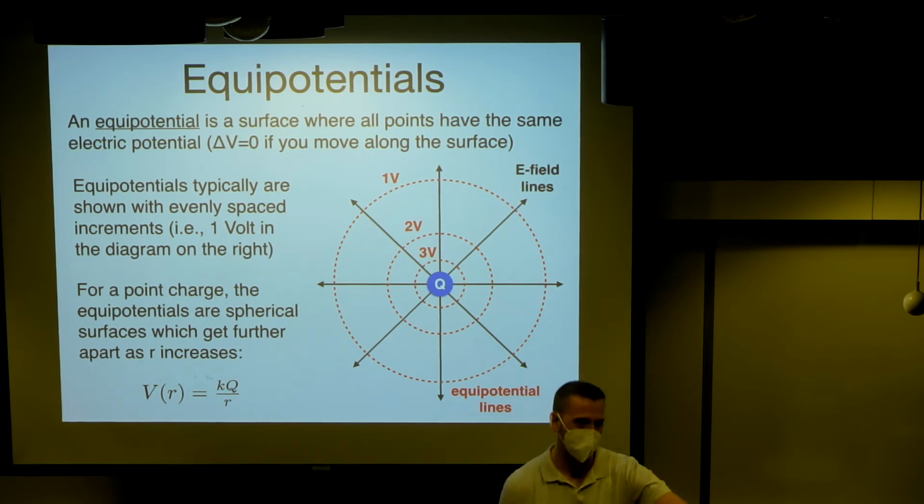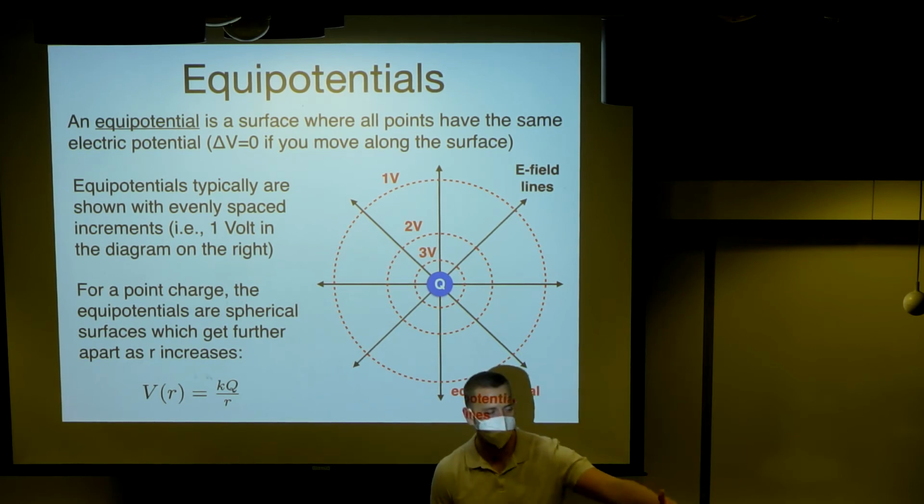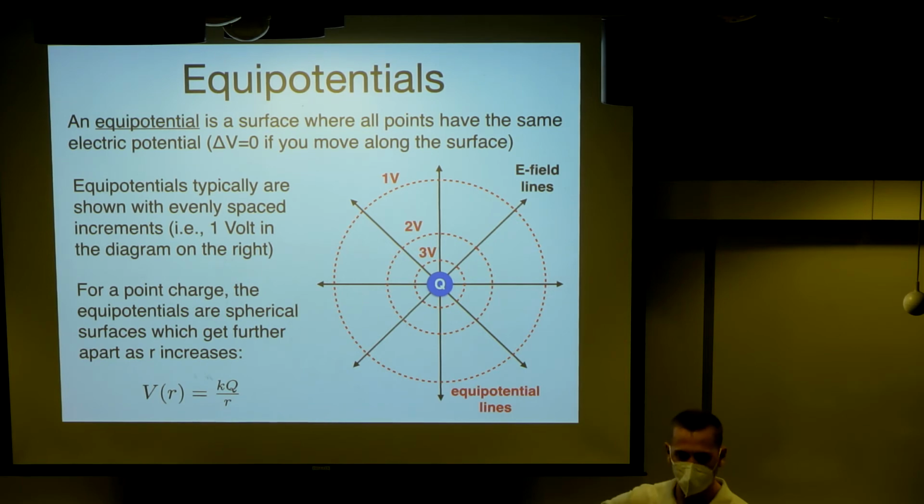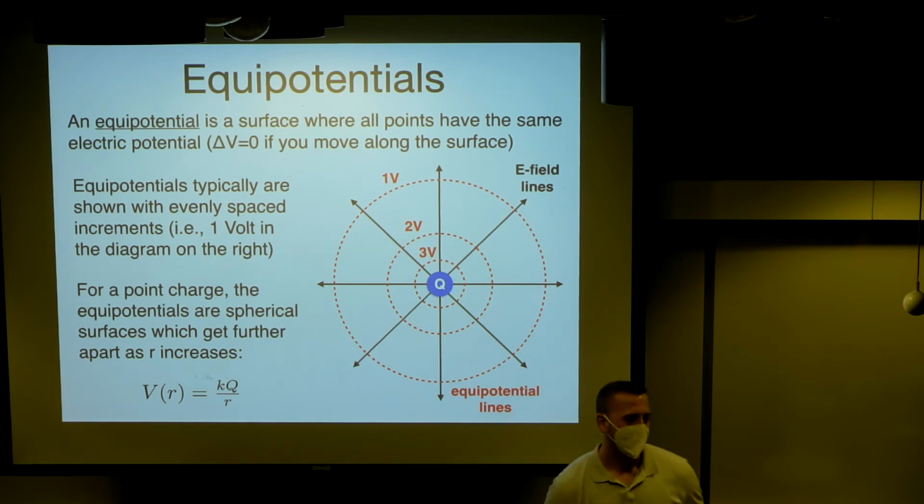So maybe the first one I draw is at 1 volt, then the next one's at 2 volts, 3 volts. Or I could choose a larger increment. I can go from 100 volts to 200 volts to 300 volts. Whatever the case may be, we show it in evenly spaced increments, whatever the appropriate increment might be for a given situation. So why don't we take the example of a point charge?